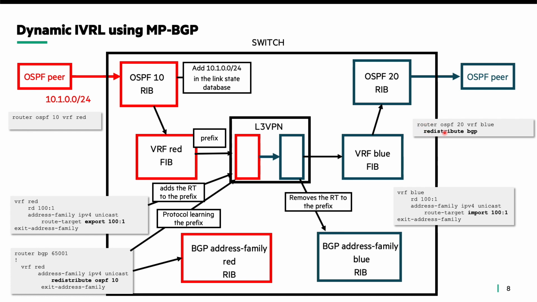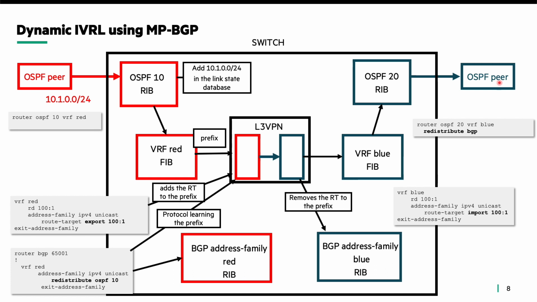Now, if we want the routes to be in OSPF, here we have an OSPF 20 process for the VRF blue, we need to import the BGP route. So the prefix was in the BGP address family, we redistribute this route, and then this route can be advertised to the OSPF peer in the VRF blue.